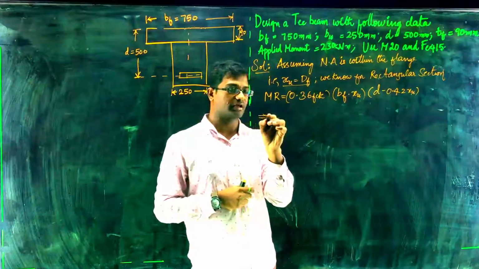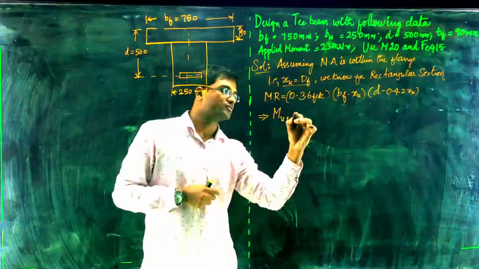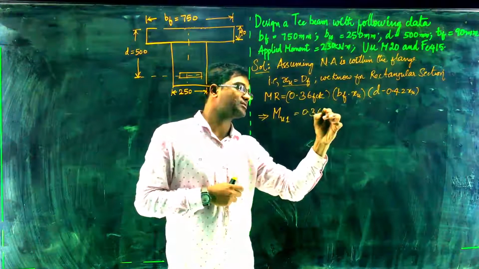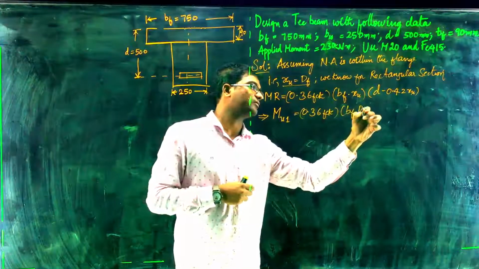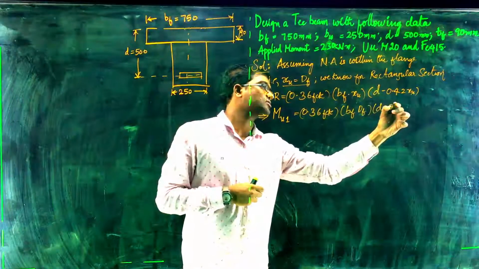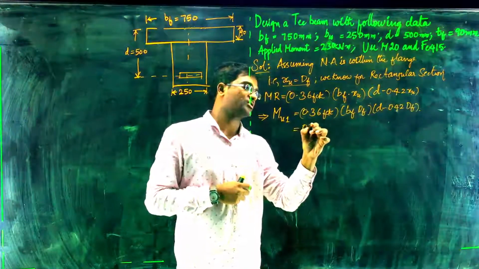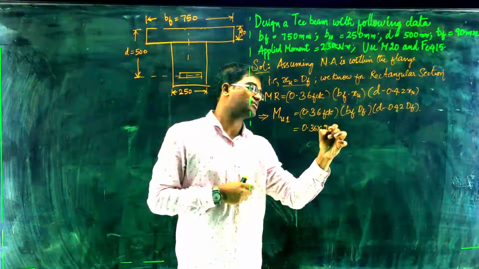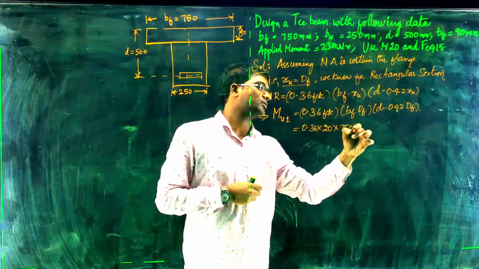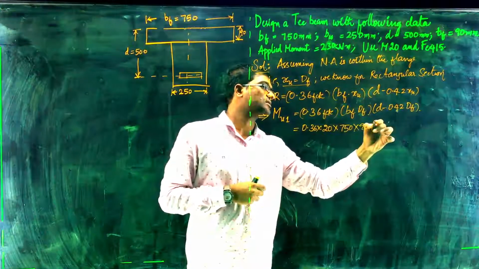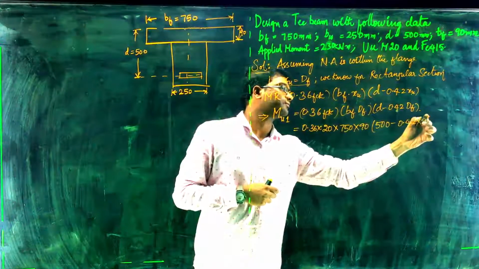So we will denote that moment as MU1, which is given by 0.36 FCK BF DF into D minus 0.42 DF. Now for the given section, 0.36 into FCK is 20 into breadth of flange is 750, depth of flange is 90, D is 500, minus 0.42 into 90.